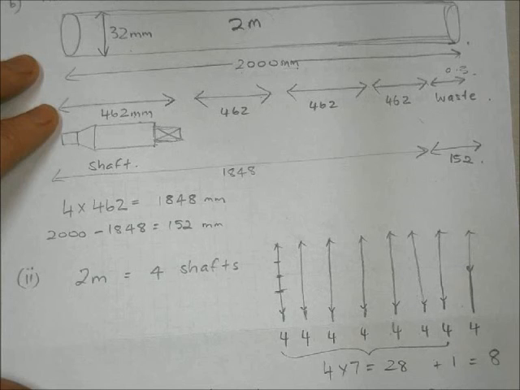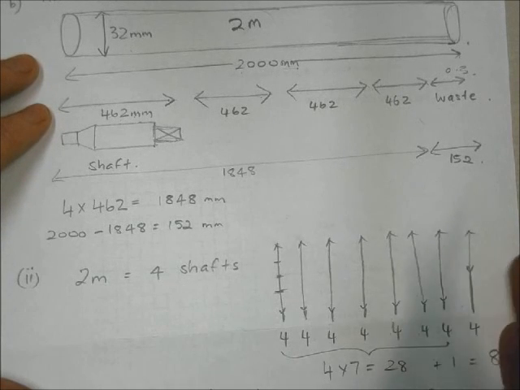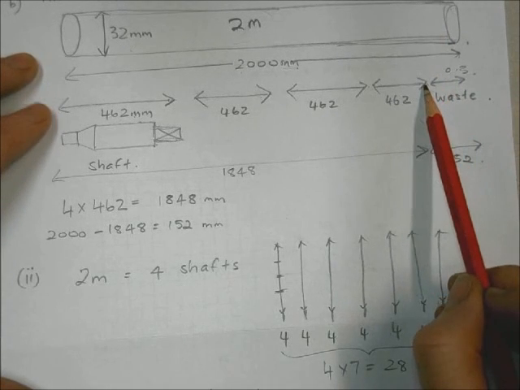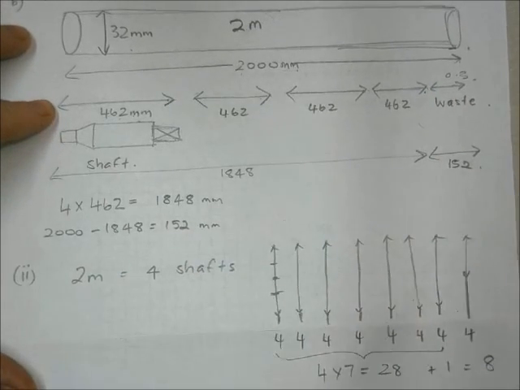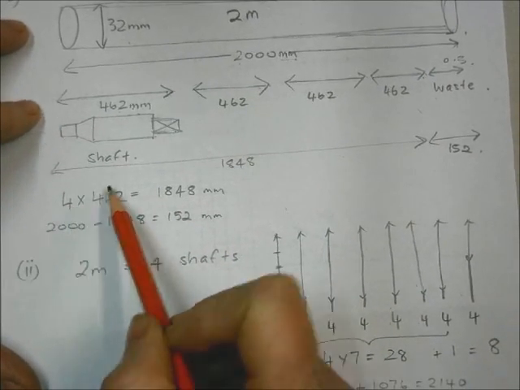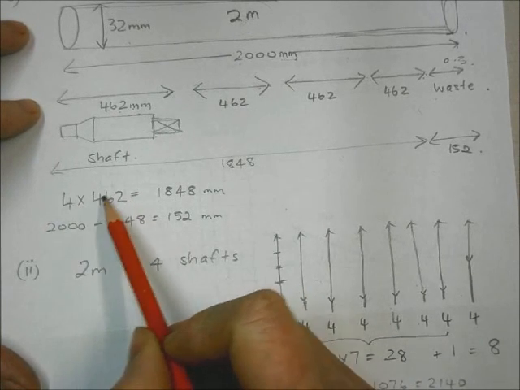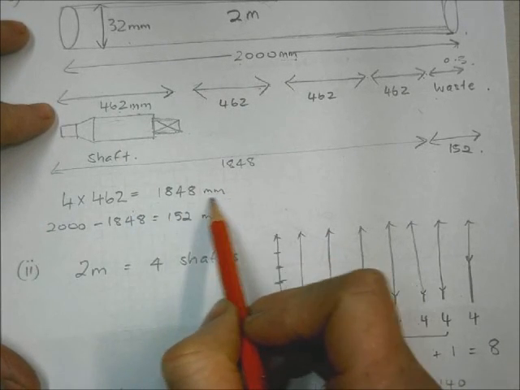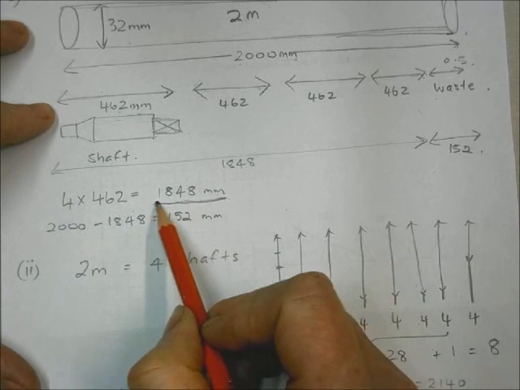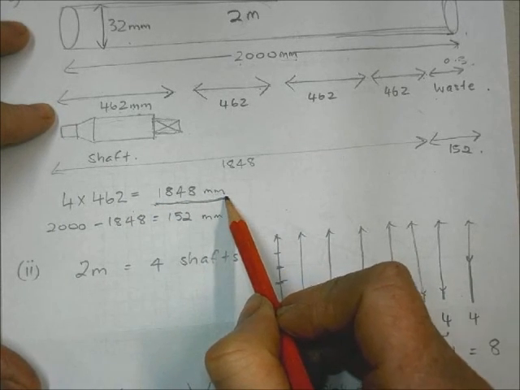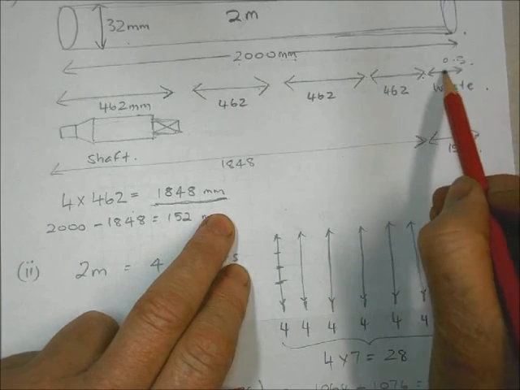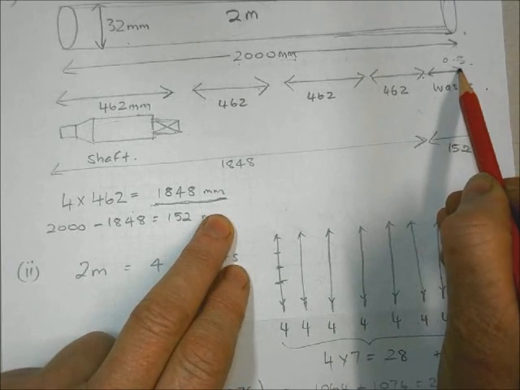Okay, now we want to know exactly how much of the 2,000 millimeters is used in the making of the shafts. So we multiply 4 by the length of each shaft, and this is the total value that we get for the 4 shafts. Okay, so how much is this waste material here?